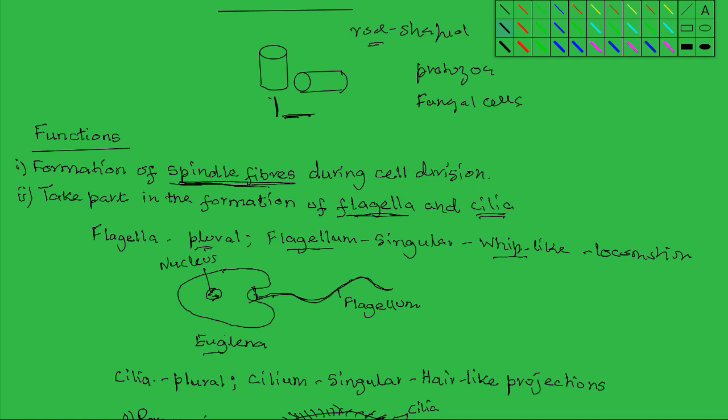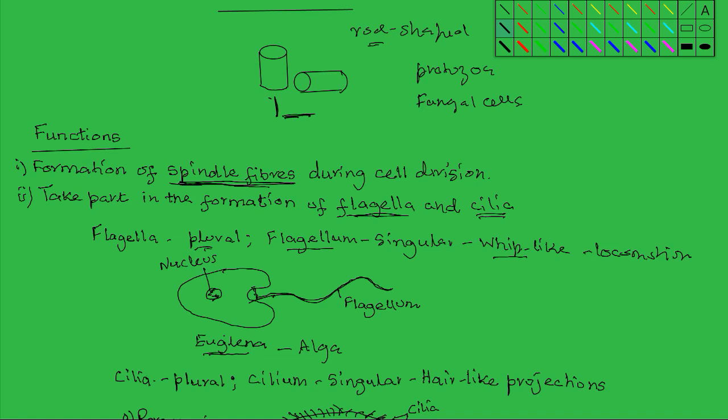So this is the Euglena. Euglena is a type of single-celled algae. Algae are microscopic organisms that are capable of carrying out photosynthesis. So Euglena has a flagellum that enables it to swim in an aquatic medium, looking for light so that it can carry out photosynthesis.